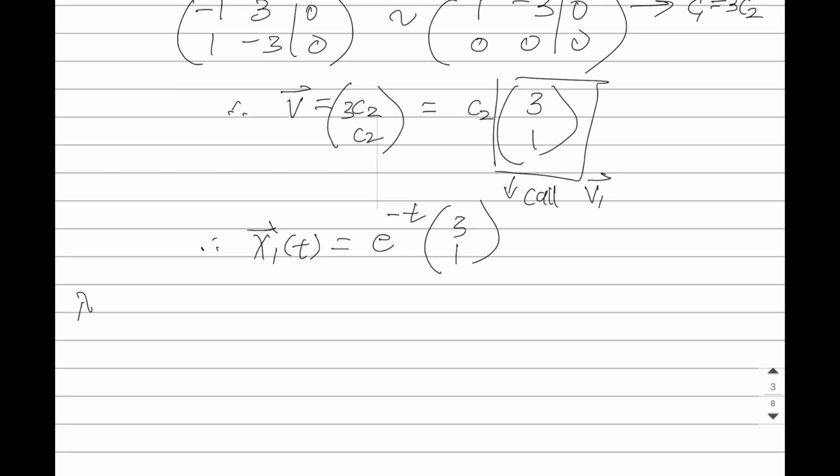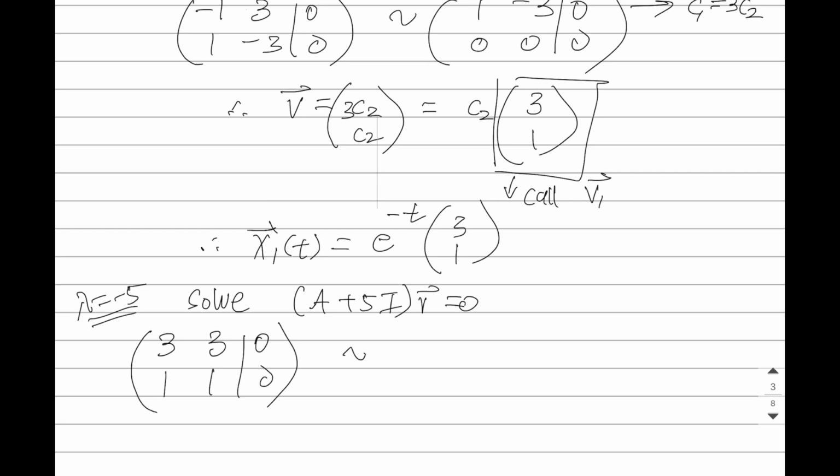Now, when lambda is negative 5, we have to solve A plus 5I, V equals 0. From before, we had negative 2 plus 5 is going to give us a 3, 3, 1, and negative 4 plus 5 is going to give us a 1. Just like before, if you're going to have non-trivial solutions, one of your rows needs to be a multiple of the other one.